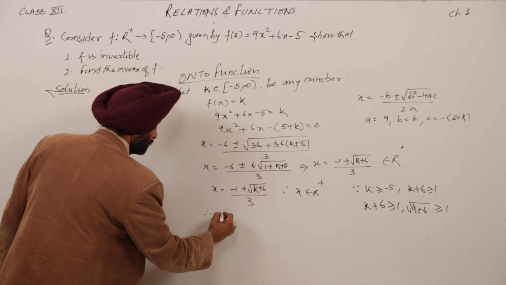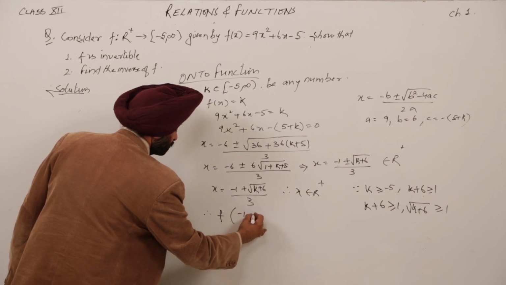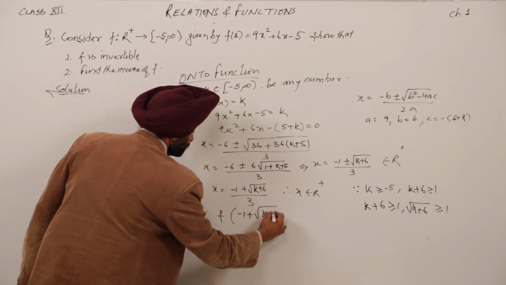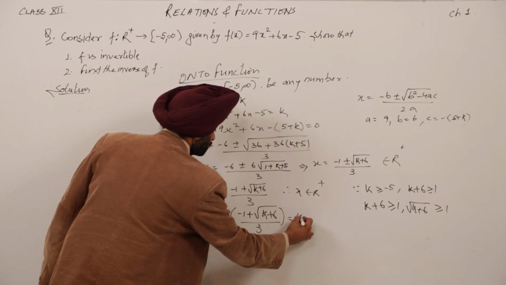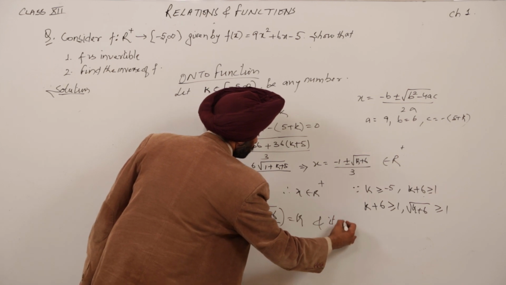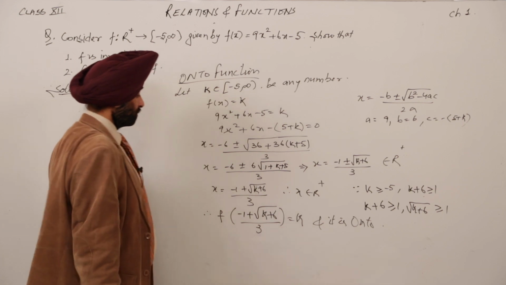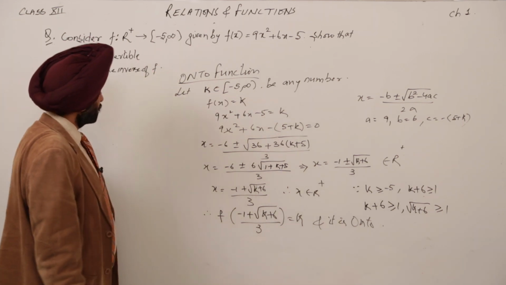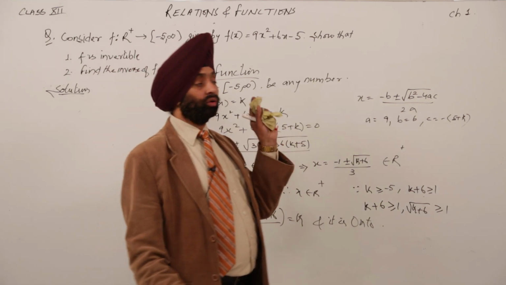Therefore the function minus 1 plus under root k plus 6 upon 3 is equal to k, and it is onto. This is onto function. So I have proved that the function is 1-1 and onto both.